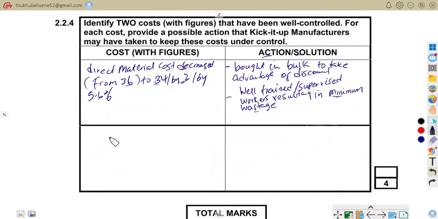So another one can be selling distribution. We have said selling distribution decreased from 20 rand to 19.30 rand.